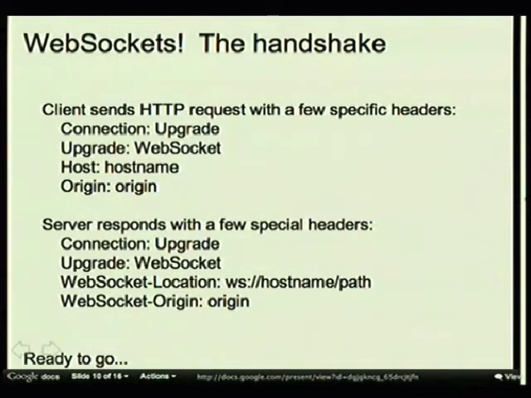I don't really know why they need that, except they may have other types of upgrades in the future. Then the server just has to respond with those 4 headers that you see there: connection upgrade, upgrade WebSocket, and WebSocket location and origin. Once the request and response handshake has happened, you just have a full duplex socket connection.